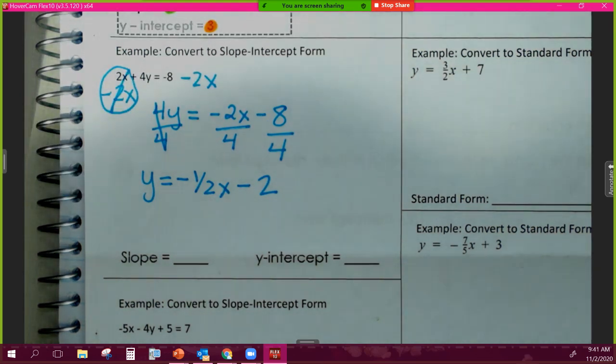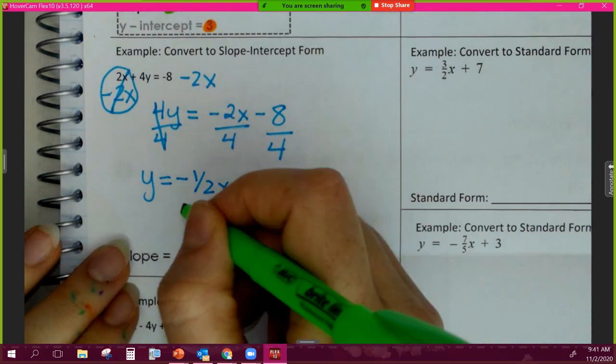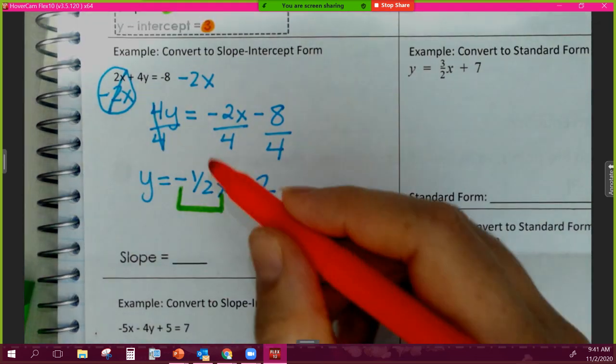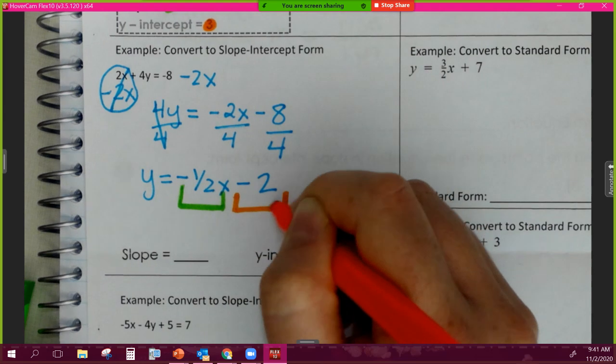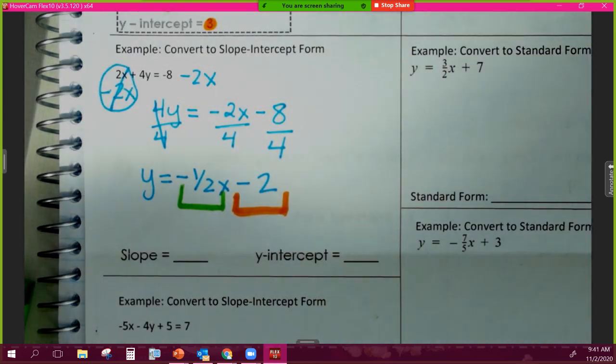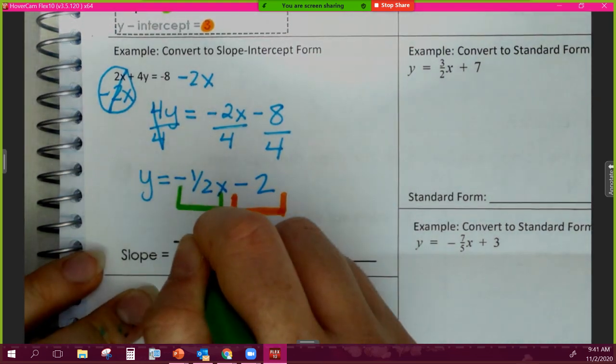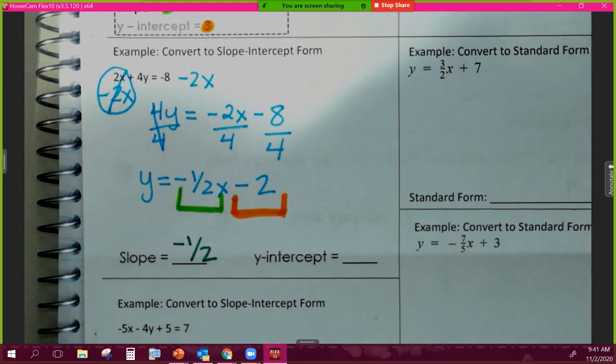Okay. Now that this is in slope-intercept form, it's easy to identify what the slope is and what the y-intercept is. So my slope is -1/2, and my y-intercept is -2.